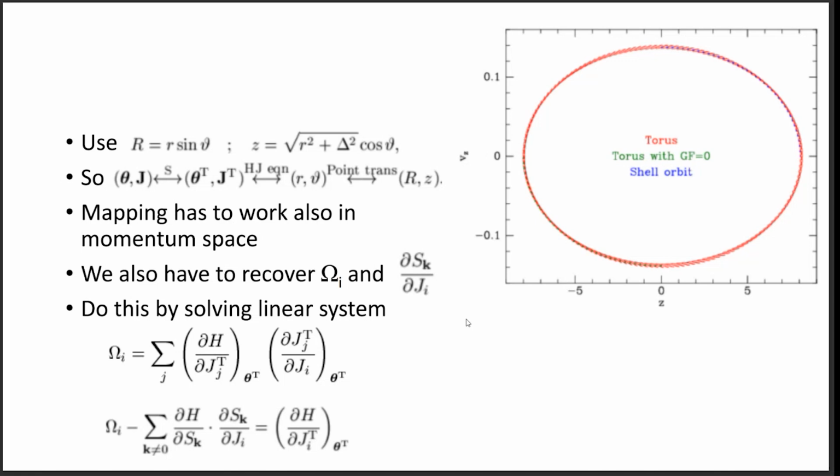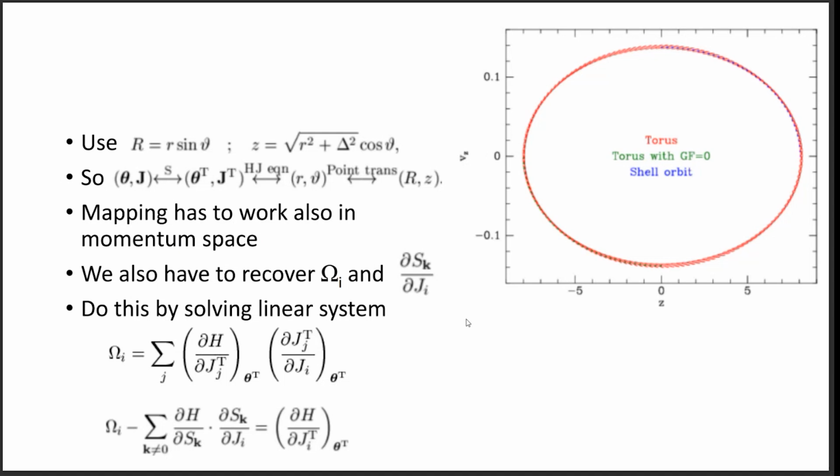So I've got formulae that turn toy action-angle variables into r, theta, p_r, and p_theta. And from those r and theta, I construct a variable big R and a variable little z by these formulae, where delta is a parameter at my disposal.